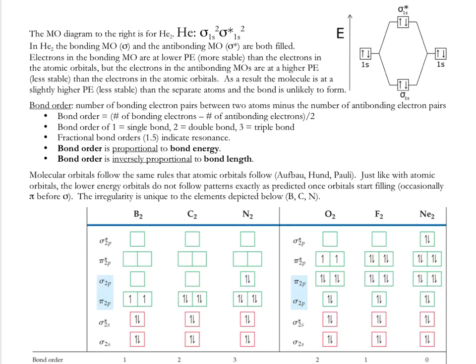When we put the electrons in those, this fills, so we have a bonding orbital that's actually more stable than when the electrons were just in the helium atoms by themselves. But the antibonding one is less stable. As a result, He2 is less stable than having two separate helium atoms. Those two separate helium atoms being more stable means that it's not going to form this bond, or, as it says, it's unlikely to form.